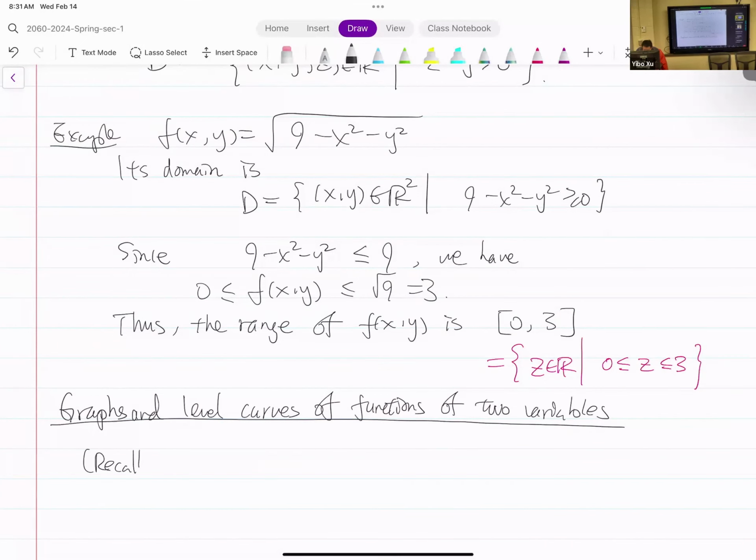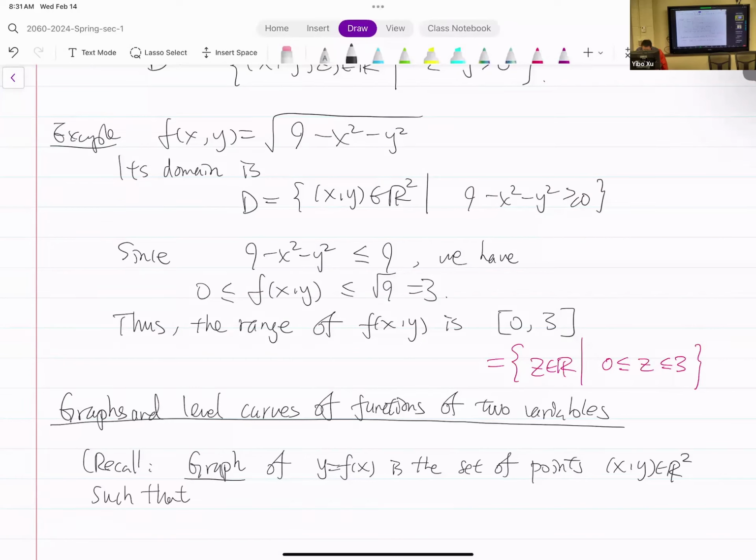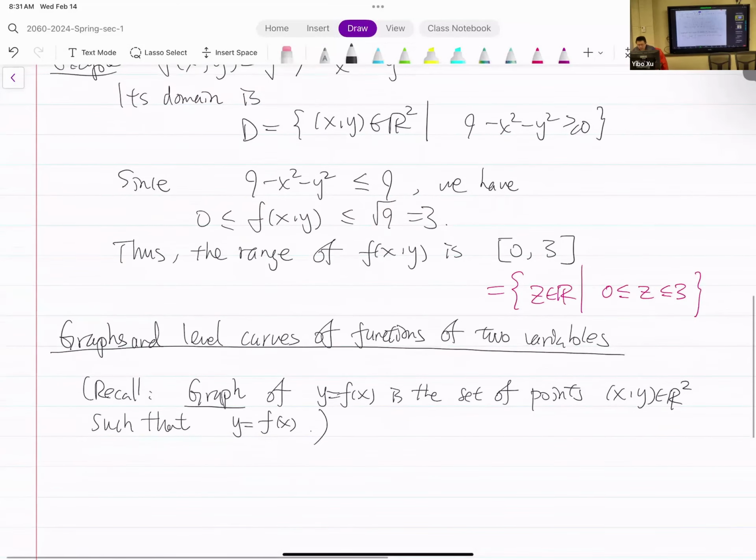Recall, a graph of a function, let's say y equal to f of x, is the set of all points in the xy plane that satisfies the relationship that the y coordinate has to be f of the input x coordinate. Basically, we just have a set of all points that satisfies this relationship.